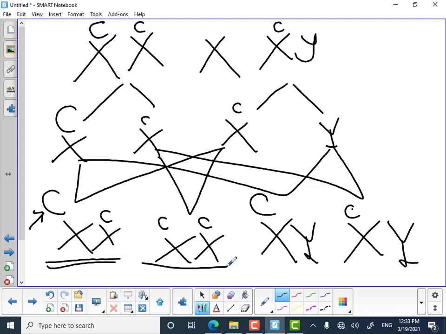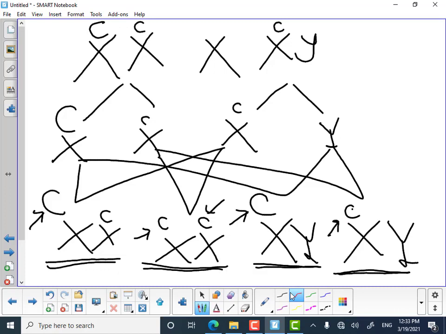Here female, but she is ill due to carrying only the recessive c. Here male, and he is healthy because he carries the capital C. And the last one is male, and he is ill.